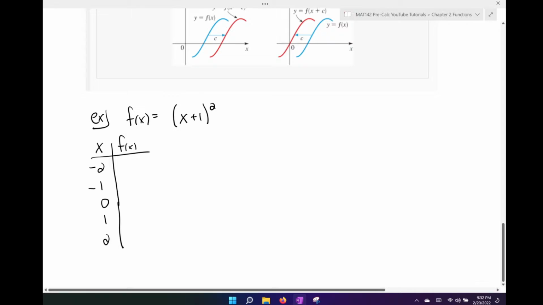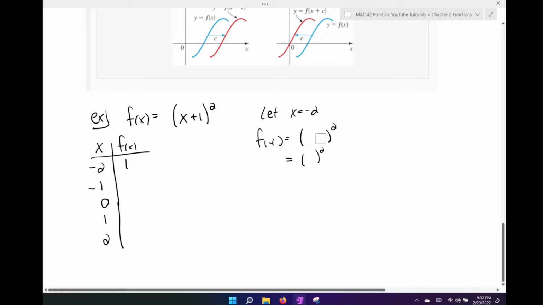So if I let x equal -2, then we're going to get -2 plus 1 squared, which is going to be, what's that? -1 to the second, which is +1. All right. Now, I'm just going to erase.